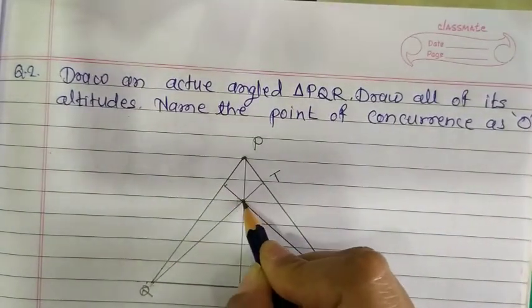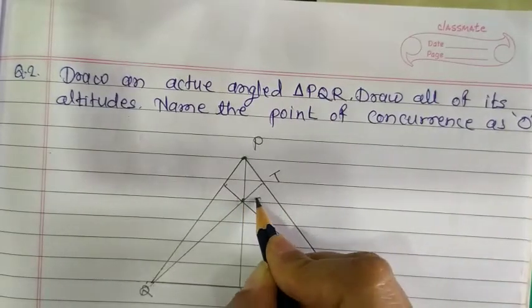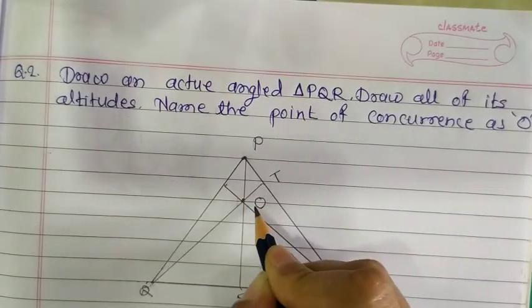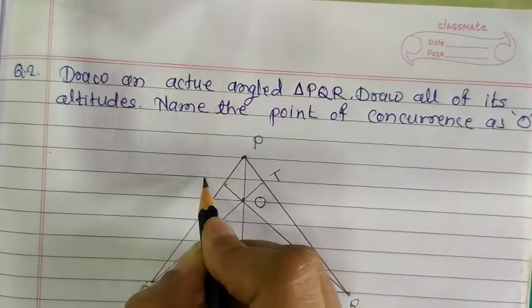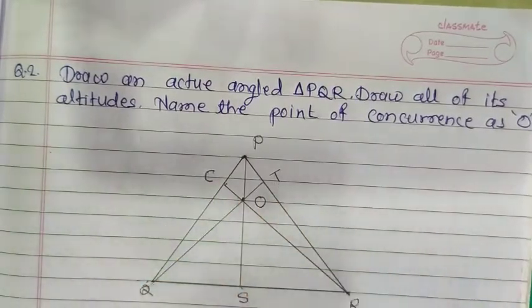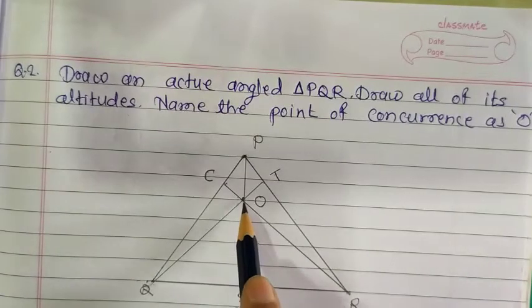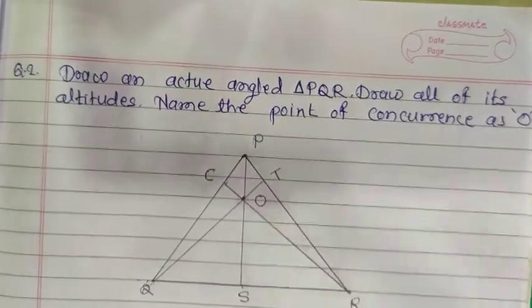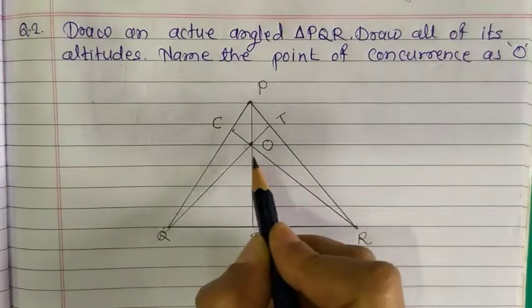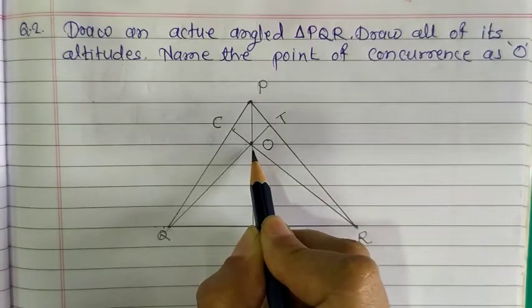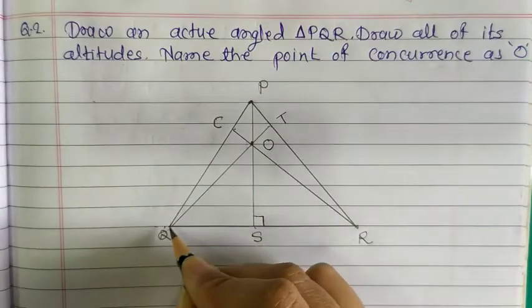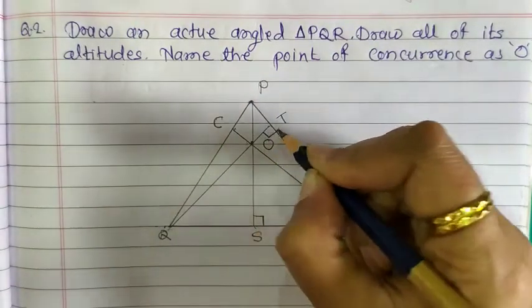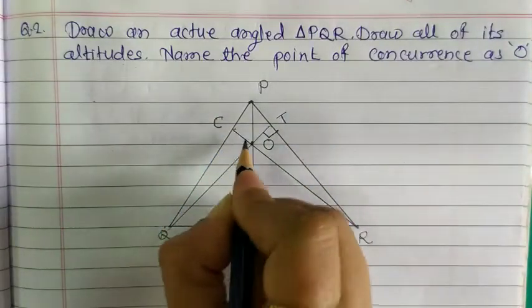Here we get the point O, that is the point of concurrence, and here we give the name C. So this is point O, the point of concurrence. This point O is called the orthocenter. Here the first altitude is PS, the second altitude is QT, and the third altitude is RC.